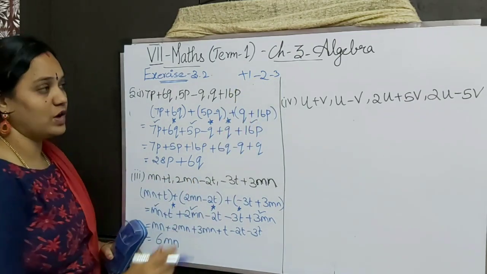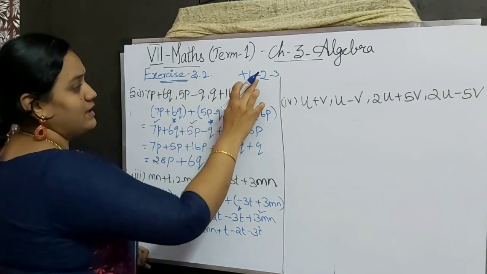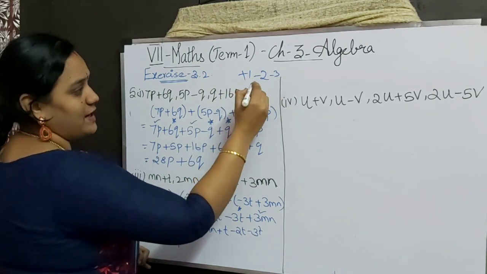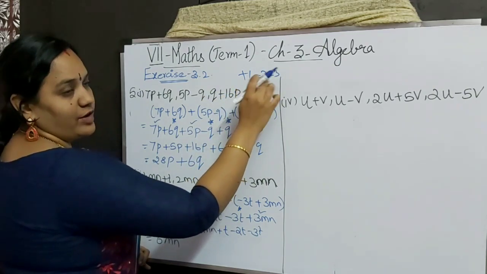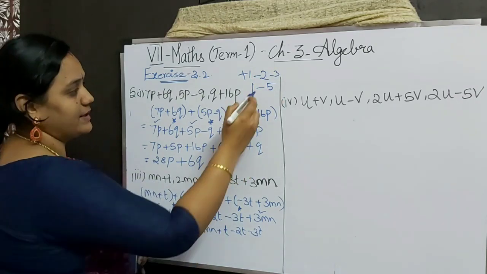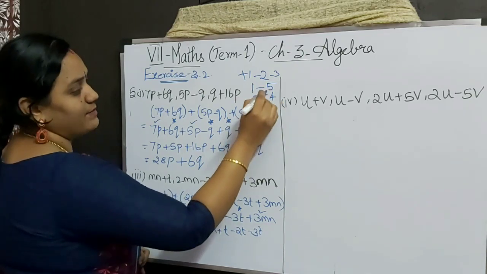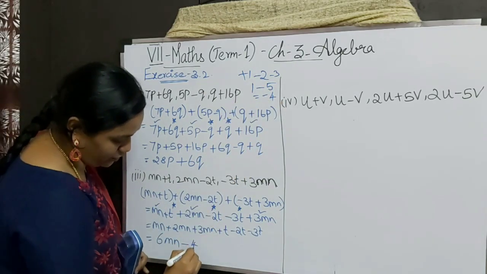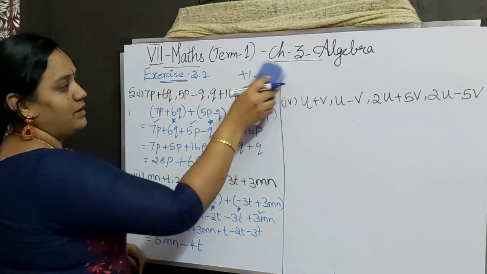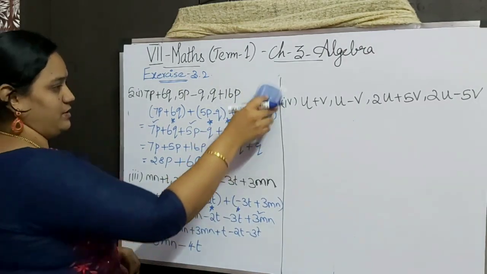Shall we solve it? 1 minus 2 is minus 1. Otherwise, these two numbers have the same sign, so we add 2 plus 3, which is 5. The symbol is minus. Now subtracting, I got 4. The greatest number's sign is minus. So minus 4t. That is your answer for the third option.